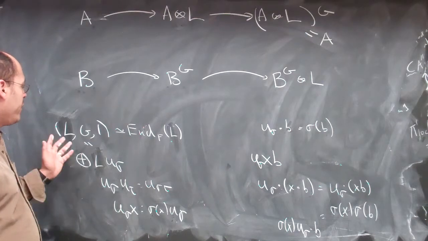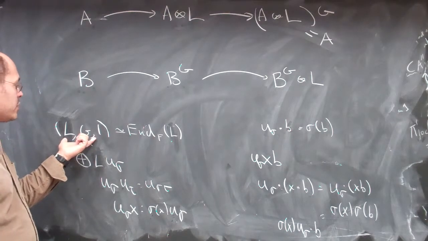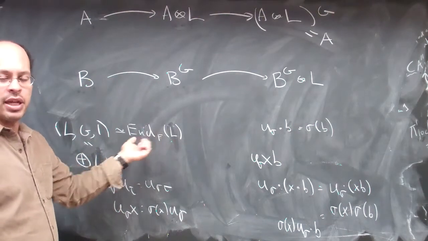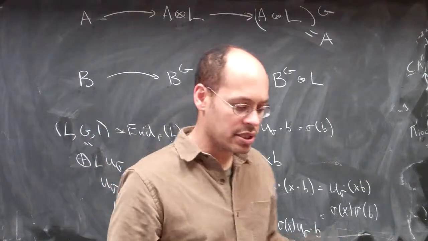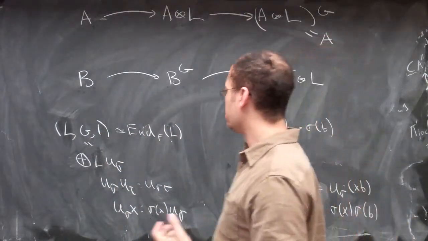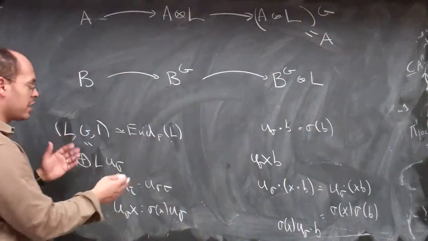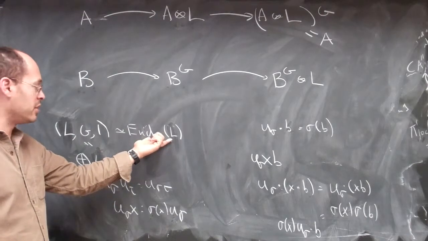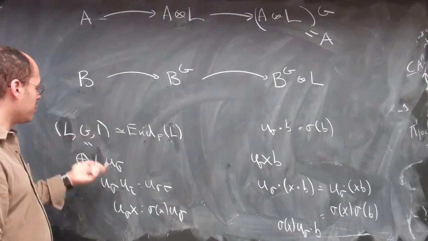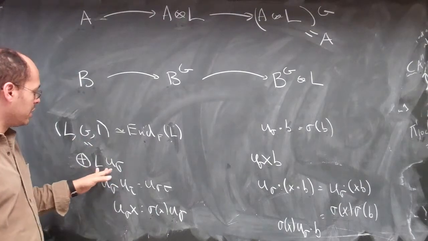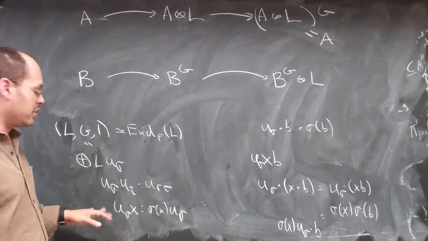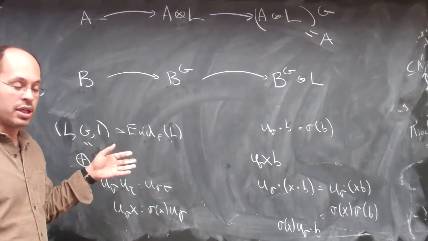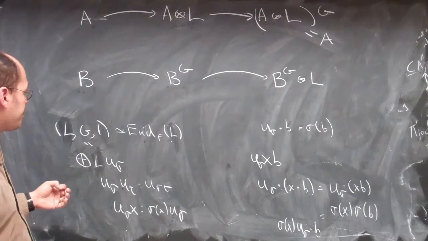In fact, this algebra that I get turns out to be isomorphic to the endomorphisms of L as an F vector space. Well, one way to see this is, it's easy to check just by counting that these are matrices of a certain size, degree of L by degree of L. And I can see how big this algebra is. These two things actually have the same dimension. Here we have degree of L times order of G, and the order of G is the degree of L, by the basic ideas of Galois theory.